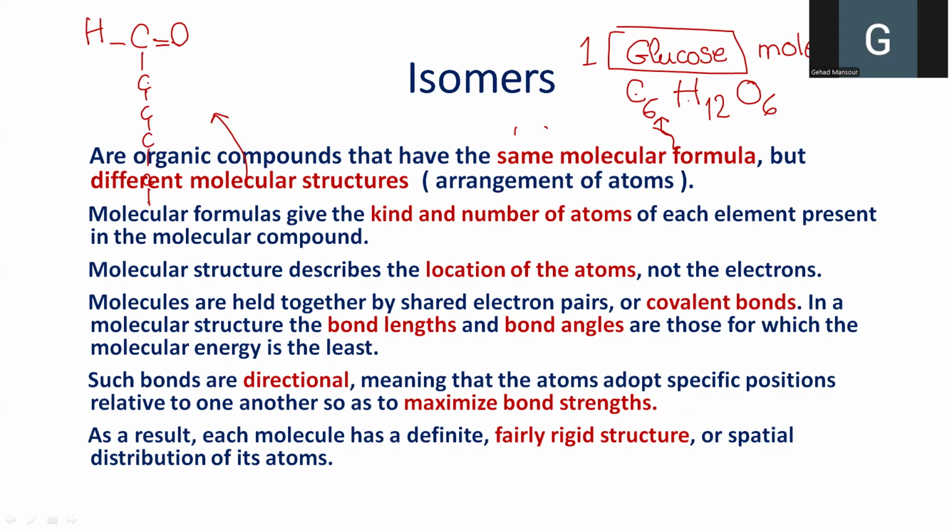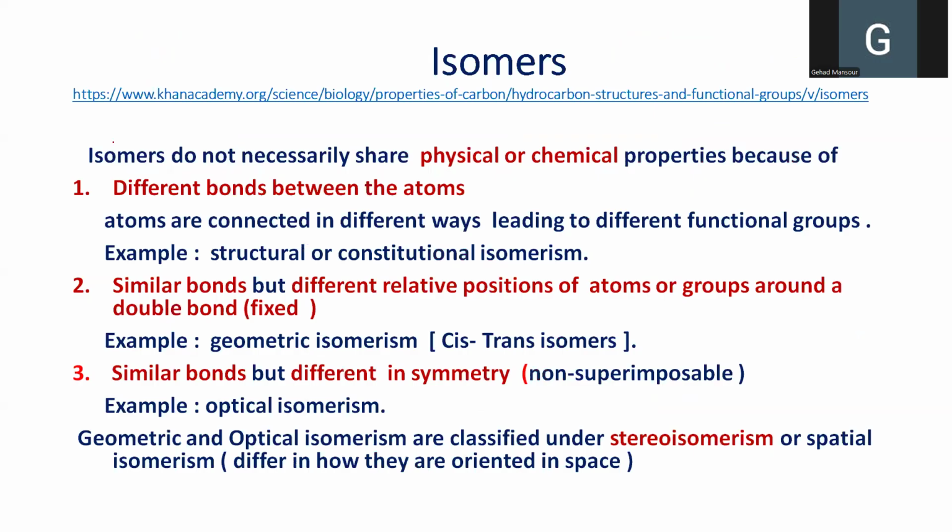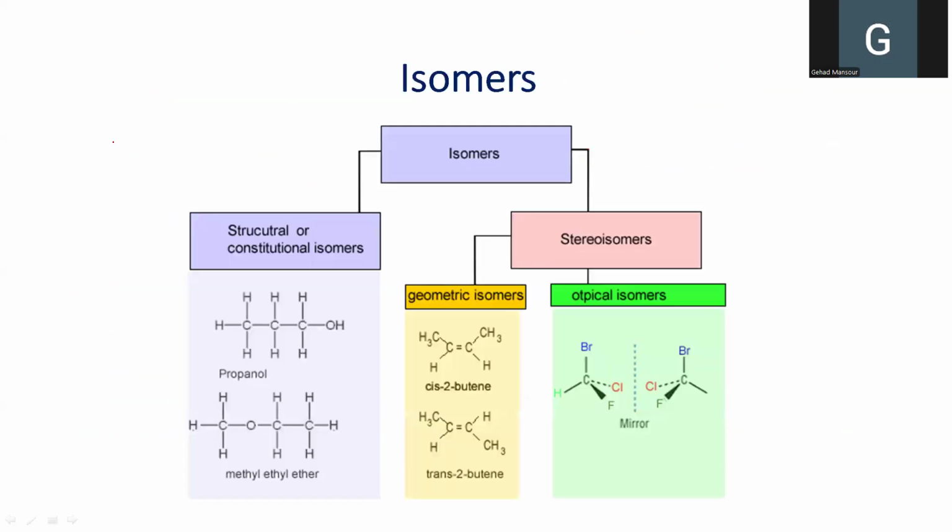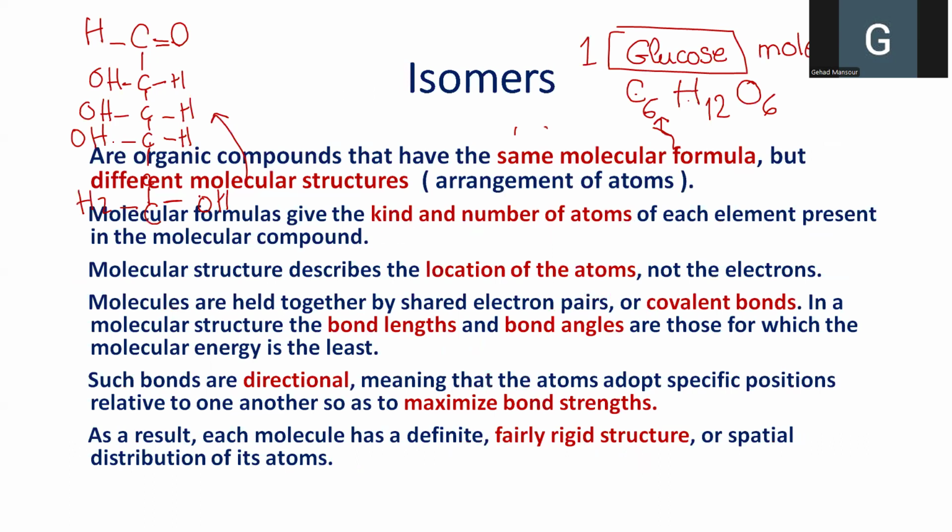Okay, 1, 2, 3, 4, 5, and then 6, and then attached to the sixth carbon atom, you have 2 hydrogen atoms like this, H2OH, and then you would have here H and OH. So this is an example of a molecular structure of a substance that consists of 6 carbon atoms like glucose.